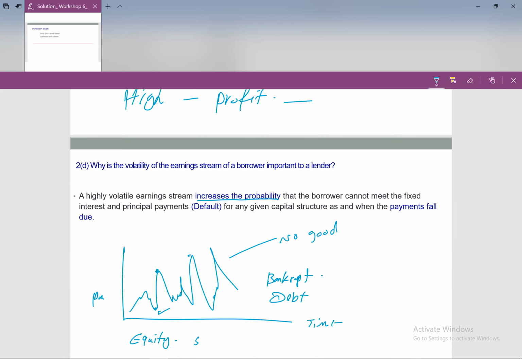This is why a highly volatile earning stream increases the probability that the borrower cannot make fixed interest and principal payments when the payments fall due. That may lead to bankruptcy. This is the problem with volatility. Volatility doesn't mean you are not profitable. It's just your earnings going up and down.